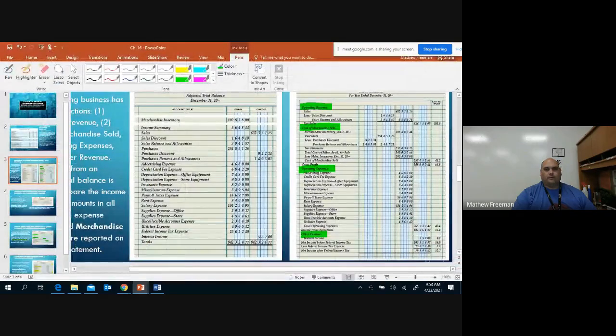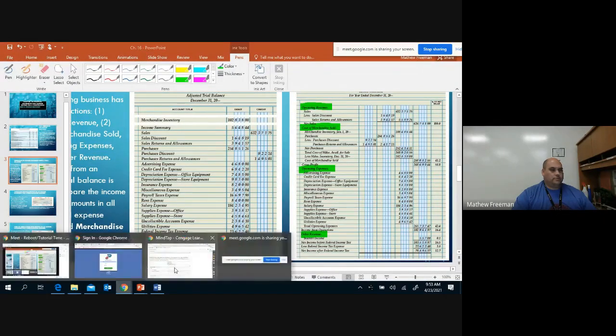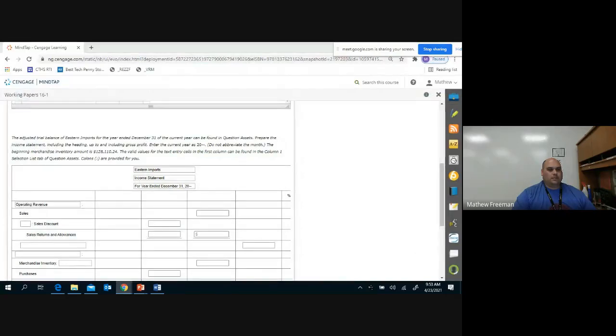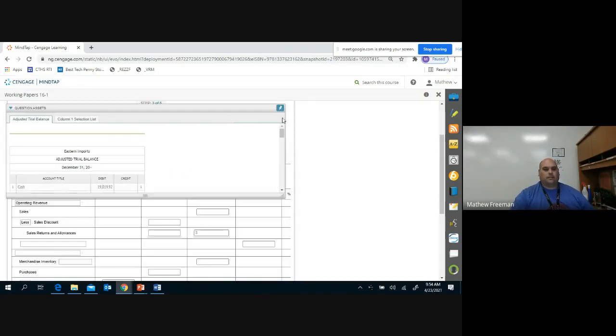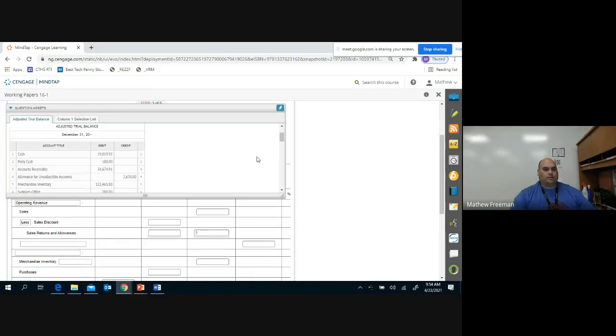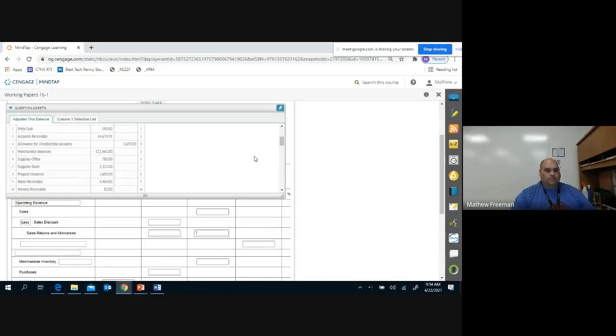Okay, operating revenue, sales less sales discount less returns and allowance. So we know this is going to be less. And so then we need to come up here, we'll pin this, and we need to find our sales.